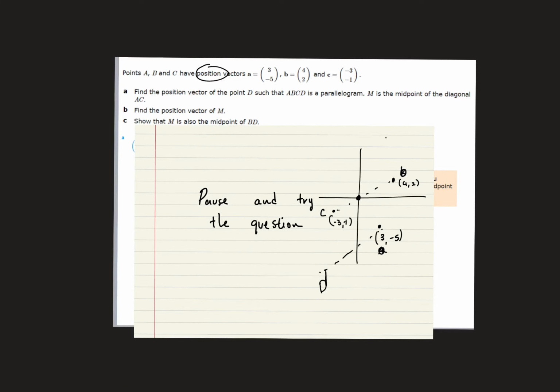Or we can prove that the vector A to B is equal to D to C. If we can prove that, then we can prove that they're parallel to each other, so therefore a parallelogram.